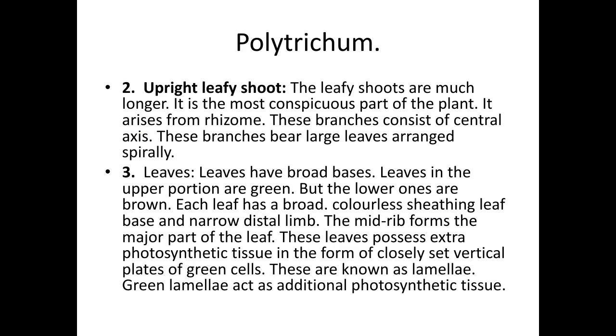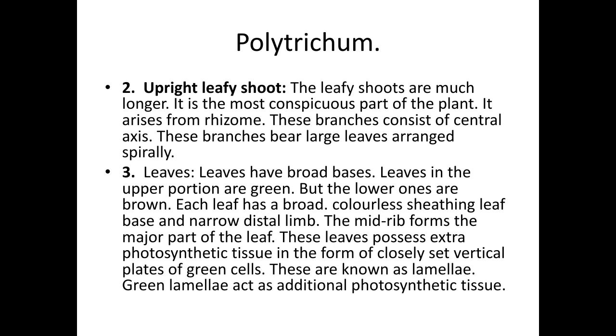Upright leafy shoots. The leafy shoots are much longer. It is the most conspicuous part of the plant. It arises from the rhizome. These branches consist of a central axis. These branches bear large leaves arranged spirally surrounding the main stem.